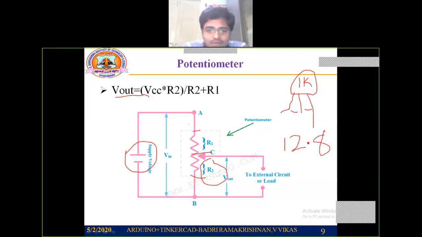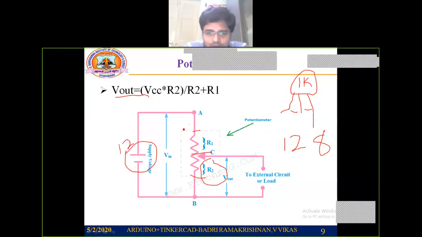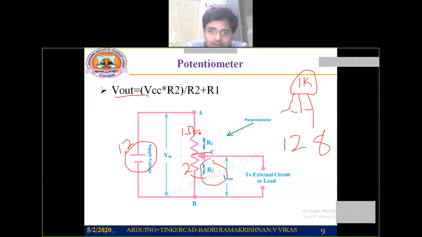It's like I will give 12 volts here. Maybe I can do here 1 ohm, or maybe 1 kilo ohm, because if you think 1 ohm is not available, you can go with 1 kilo ohm. This is 2 kilo ohm. In such case, what will be the voltage I will get as V output?